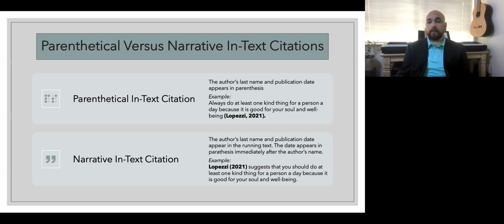On the second box down, you'll see that it reads, Lopezi 2021 suggests that you should do at least one kind thing for a person a day because it is good for your soul and well-being. As you can see here, the last name Lopezi is within the running text, and the year of the publication is in parentheses. But what if there is more than one author? How do we cite these? So let's take a look at that next.